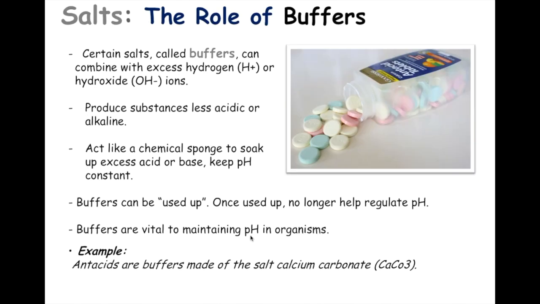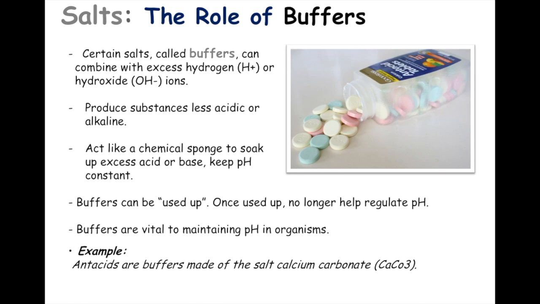One way our body does this is with these chemicals we call buffers. Certain salts will either grab extra hydrogen ions or grab extra hydroxide ions, neutralize them. It keeps things from becoming too acidic or too alkaline. It helps to maintain them at a certain level. We'll talk a little bit more in depth about buffers, but I just wanted you to be aware of that.